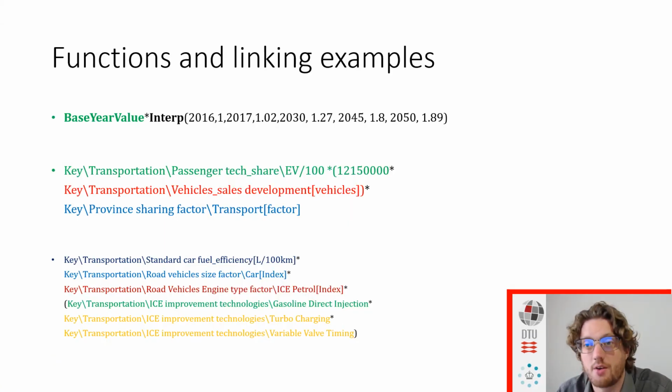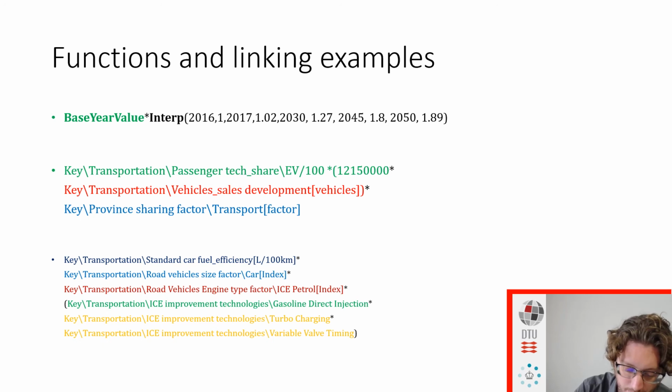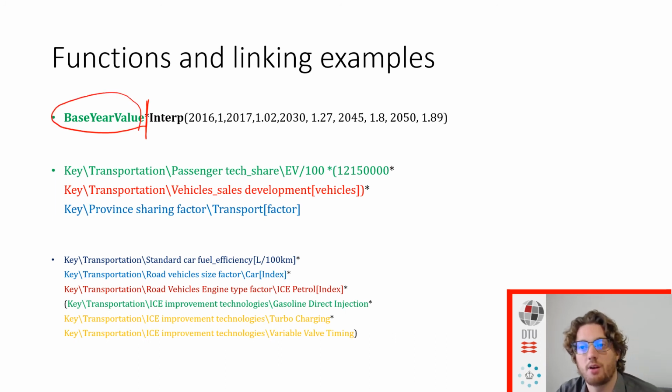So to more real scenarios, here I have real examples of where I use both different functions and linking examples. Here I have a base year multiplied by an Interp function. That just means this is my first base year value.